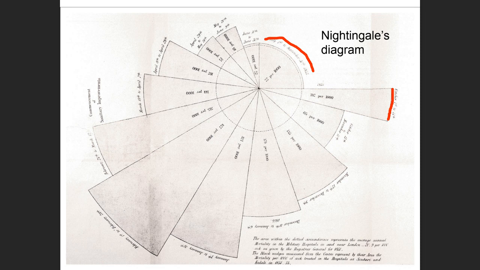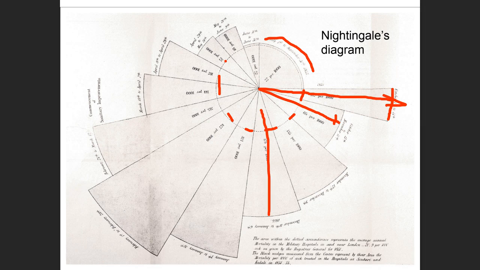And I think this circle may be the England, or the base case, showing the rate of deaths, compared to what they were seeing over there. Actually, the radius is what gives us the number. So the further out you go, the more deaths in that category. That's what you look for.